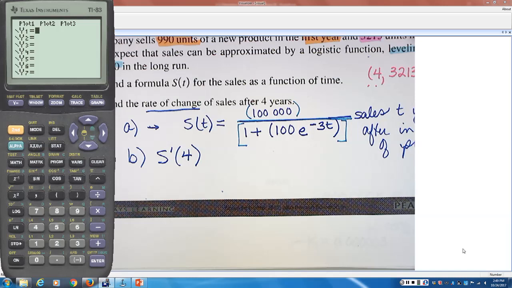So our numerator is going to be 100,000 divided by, and then we need a parenthesis, 1 plus, then we need another parenthesis, 100, E, and that's second ln to get your E, and then put in your power, which is negative 3t, or negative 3x.